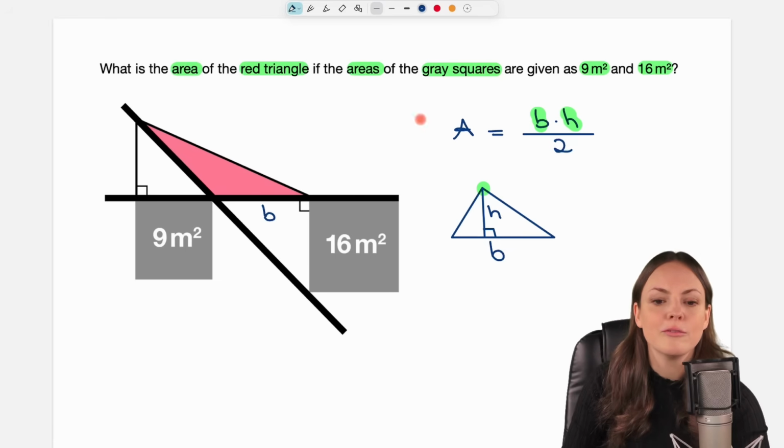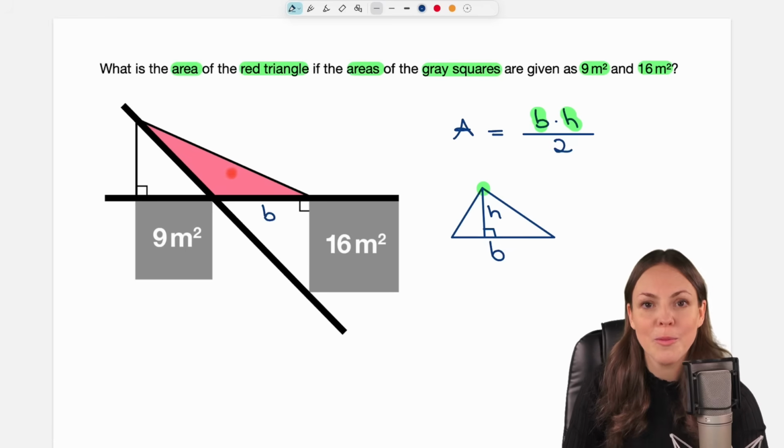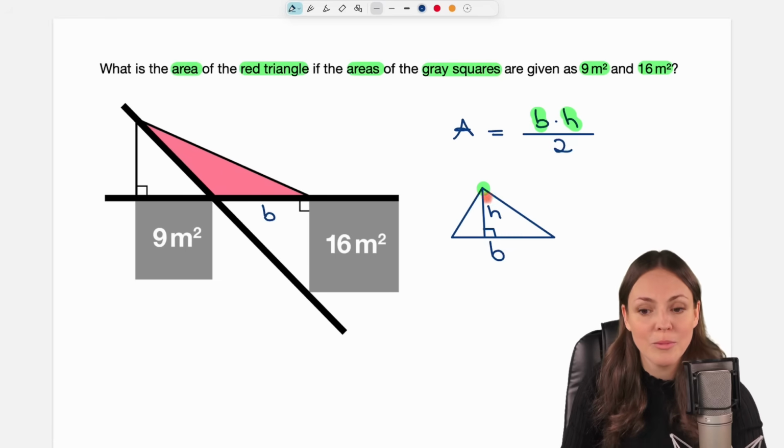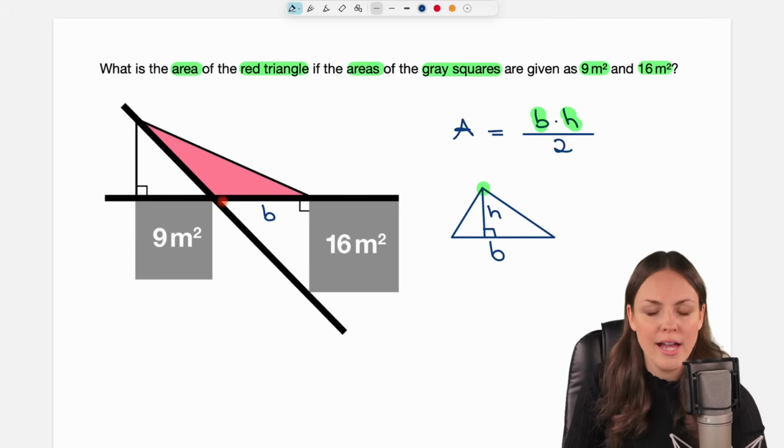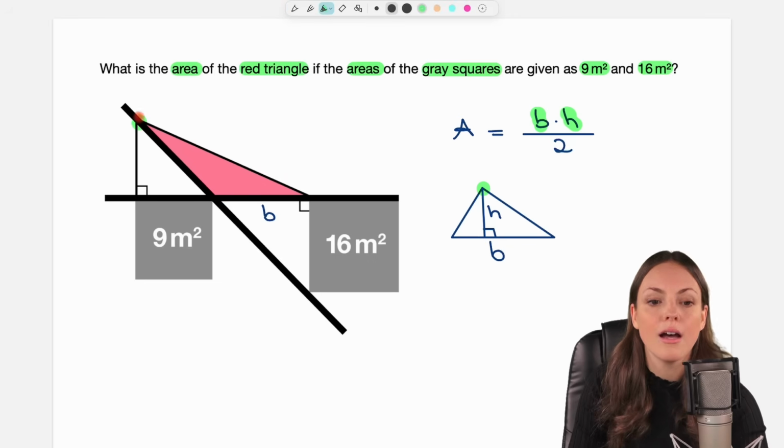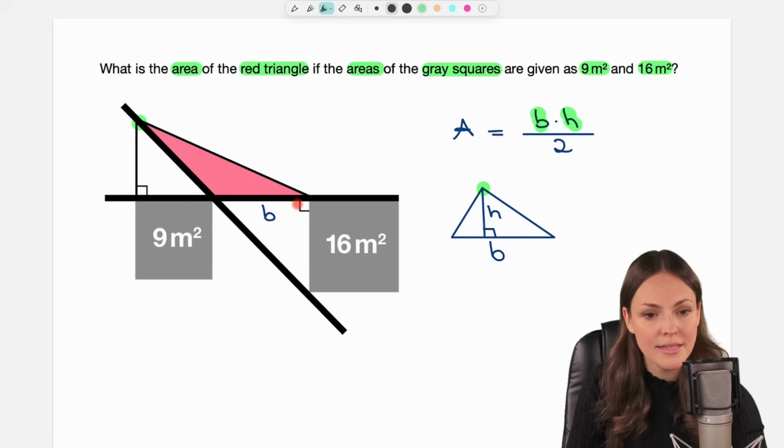That is different for our triangle, but we find the height by taking the exact same steps. So we have our base, we go to the vertex that is opposite my base, and now I draw a line down here that is perpendicular to my base.